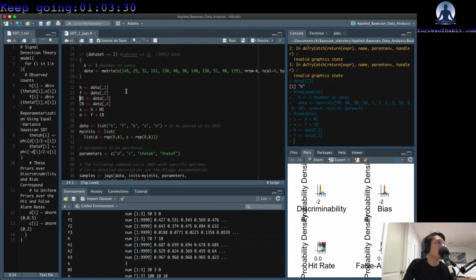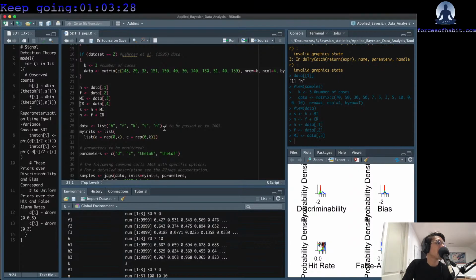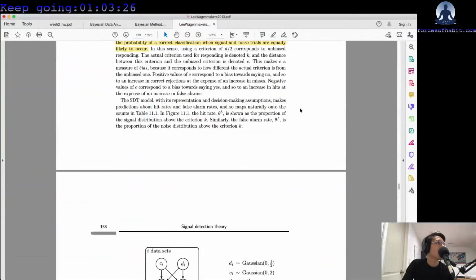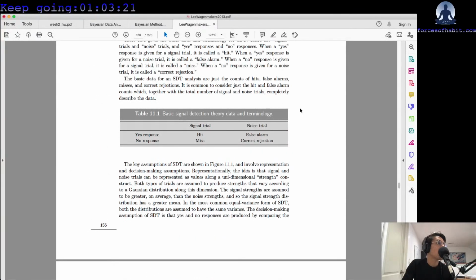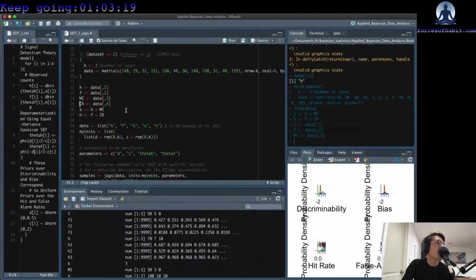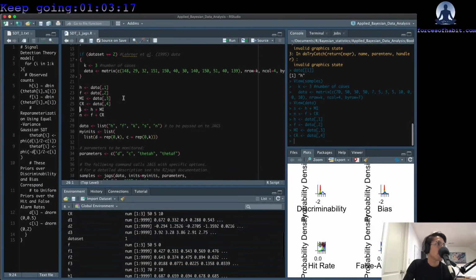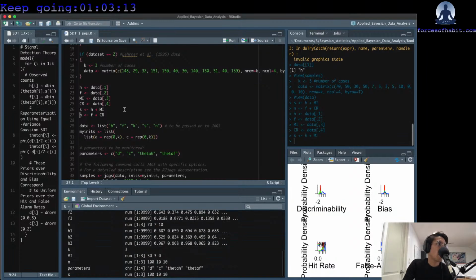MI is the miss. And then we have correct rejection. So we have these 4 components. And from those components, we can derive S and N as well.